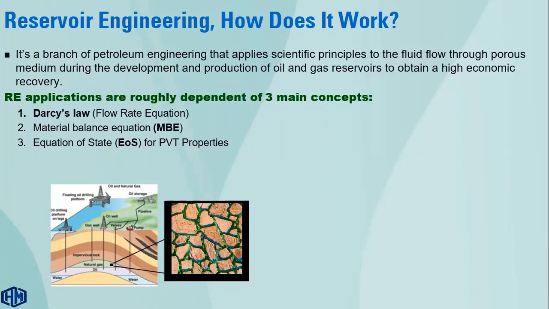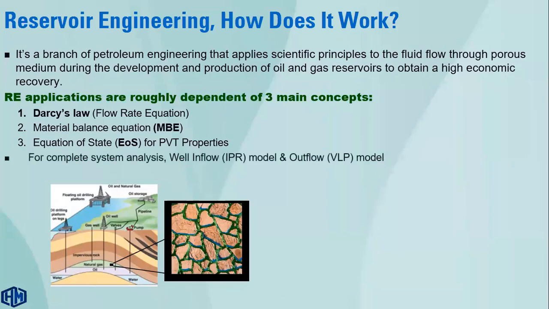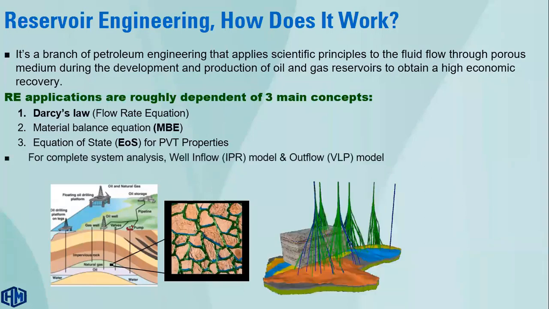So we have to apply an equation of state or PVT model to characterize the properties of reservoir fluids while producing. For the complete system analysis, we have to integrate two additional models, the inflow and outflow performance models, IPR and VLP models.